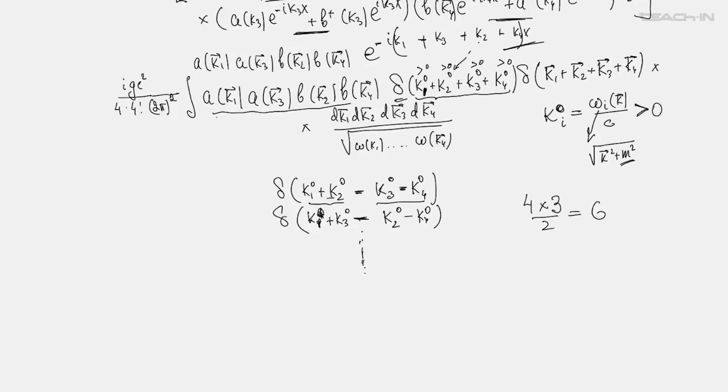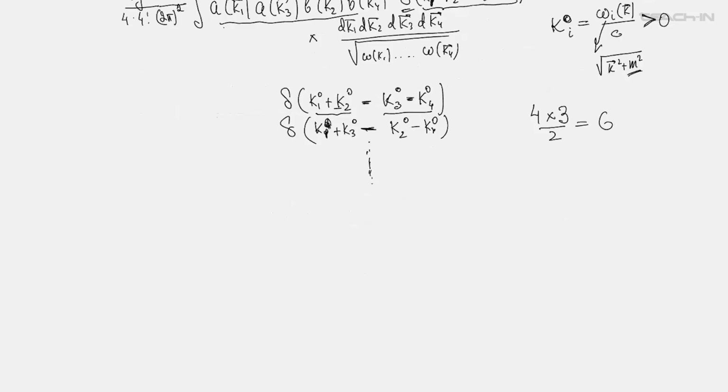When you make the proper change of variables, the 6 terms get into 3 terms, and this T1 operator, which is allowed by the corresponding conservation laws, will take the following form: i g c squared, 4 factorial, 2 pi squared, integral dk1 up to dk4, with the delta function k10 plus k20 minus k30 minus k40.